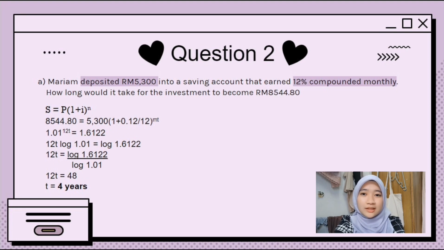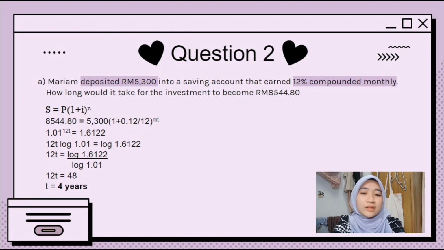The periodic interest rate i is the interest rate for each interest period. In this case, it is given by i equals k over m. Here, k is equal to 12% compounded monthly, that is calculated 12 times a year. So, 12% over 12.